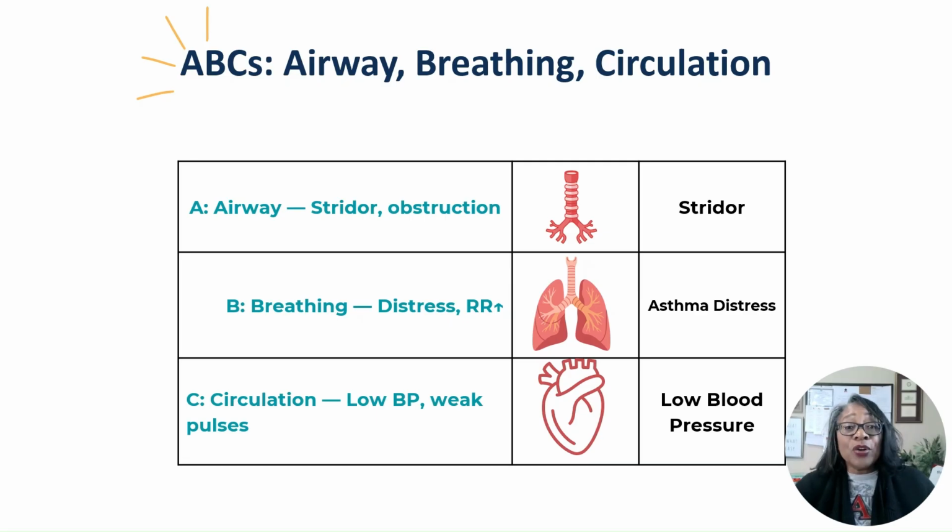Okay, so let's move on to C. Once airway and breathing are stable, you're going to look for bleeding, shock, low blood pressure, weak pulses, abnormal perfusion. So think of ABCs like a burning building, okay? You wouldn't treat someone's sprained ankle while another person can't breathe, okay?